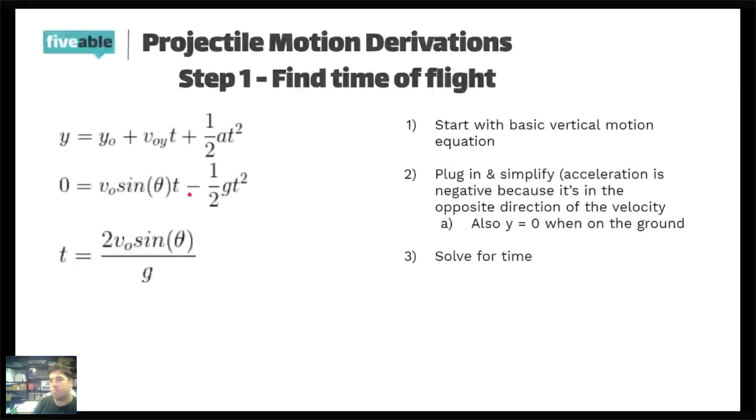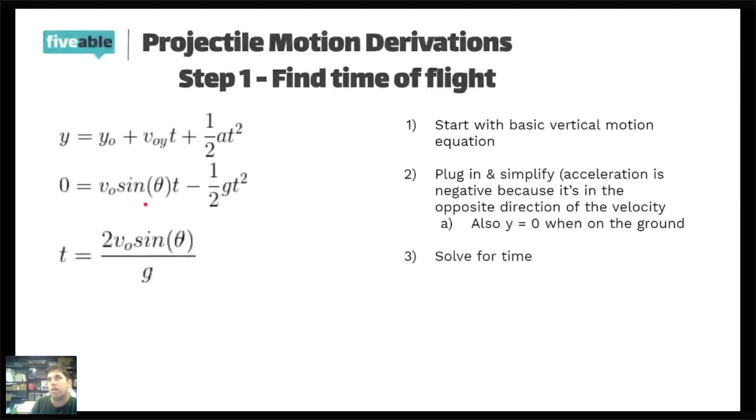If you remember your vectors, if vectors are going in opposite directions, one of them must be positive, the other one must be negative. So in this case, I'm calling my initial velocity upwards positive, which means the acceleration term has to be negative because it's going in the opposite direction.